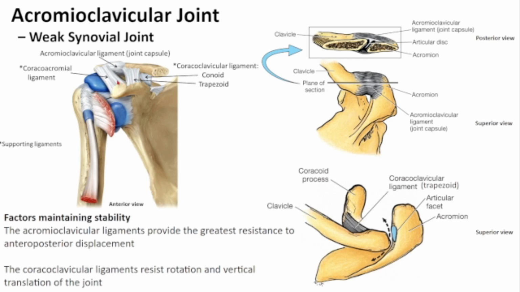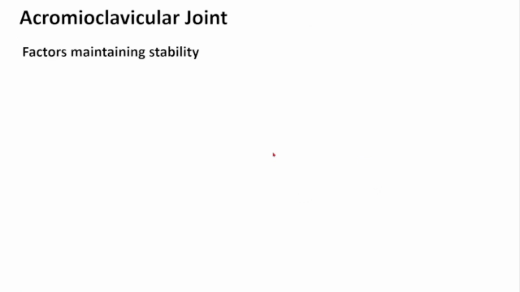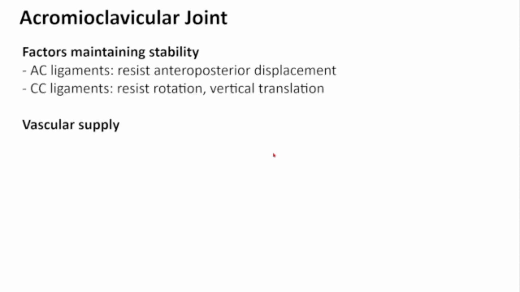And then the coracoclavicular ligaments here provide rotational and vertical translation resistance. So again, the AC acromioclavicular ligaments, CC coracoclavicular ligaments. Those are important, and we'll get to why.